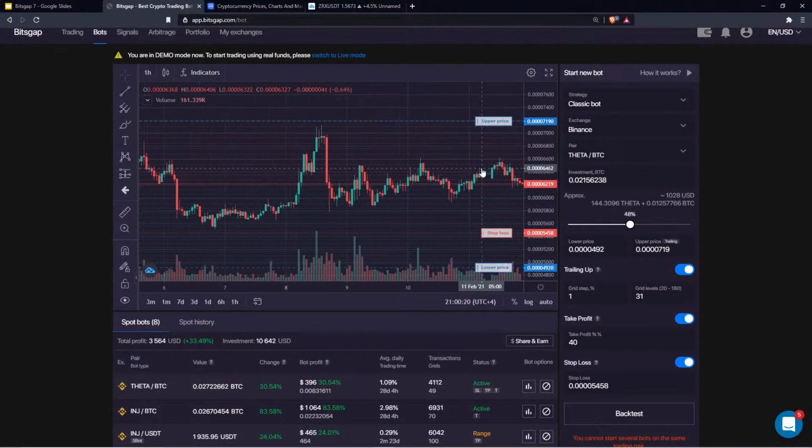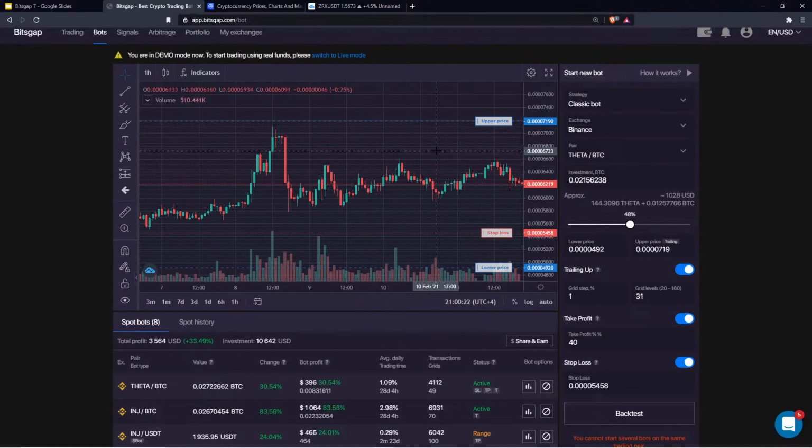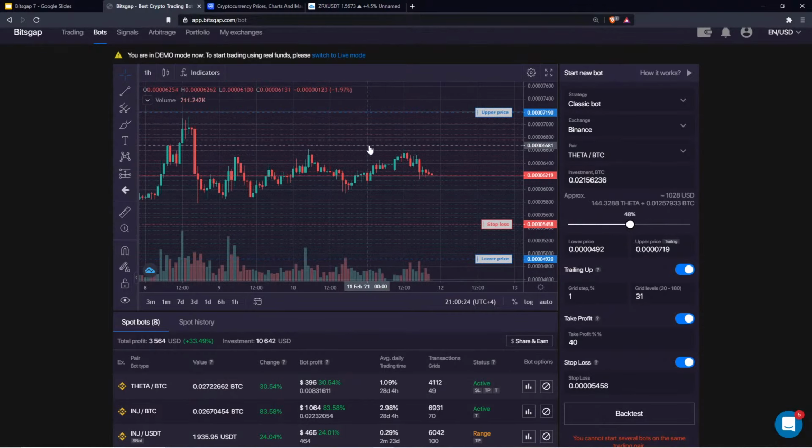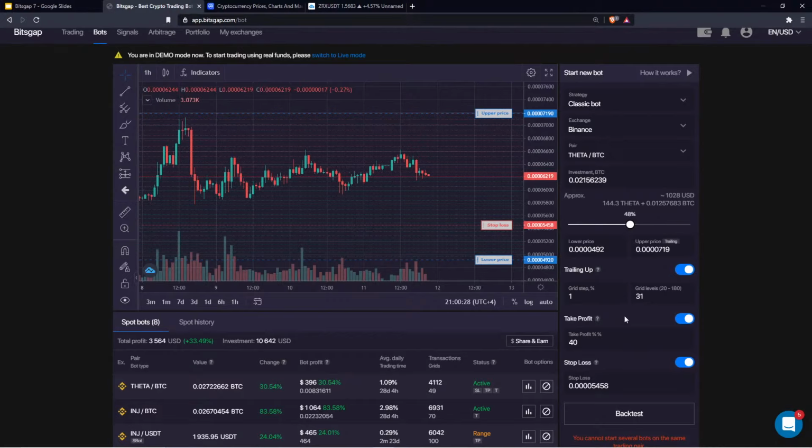But if you want to make sure that the vast majority of your grid levels are being triggered by the price, then you need to increase the amount of grid levels. But by doing this, you decrease the profit per grid, because now the gap between your levels is decreased.